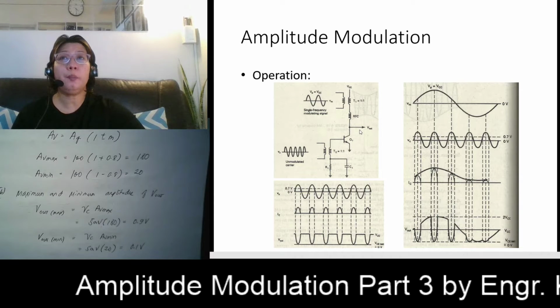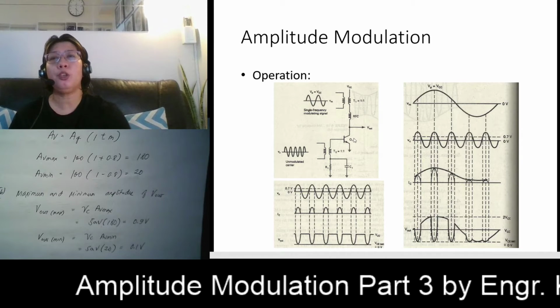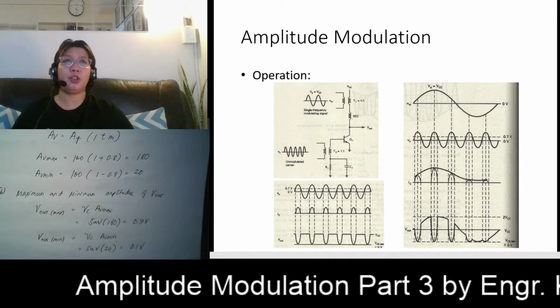However, when your carrier drops below 0.7, your Q1 turns off, so your IC stops flowing. Therefore, your Q1 switches between saturation and cutoff, which is controlled by the carrier signal.